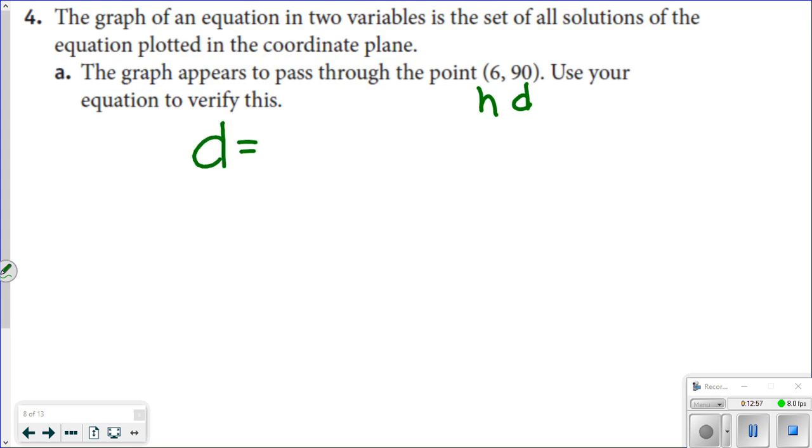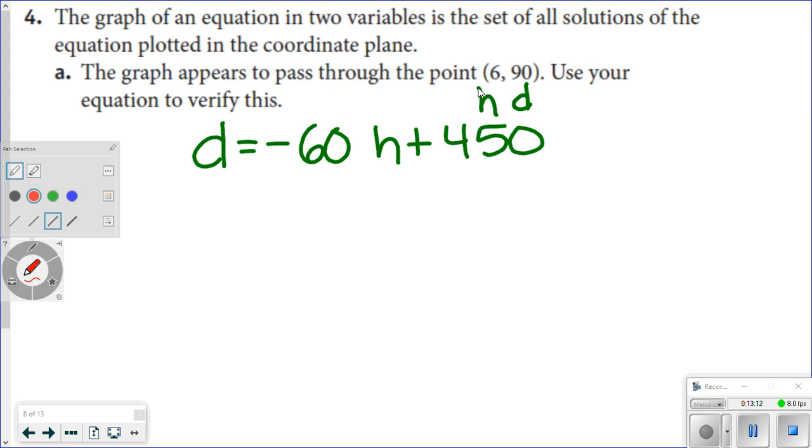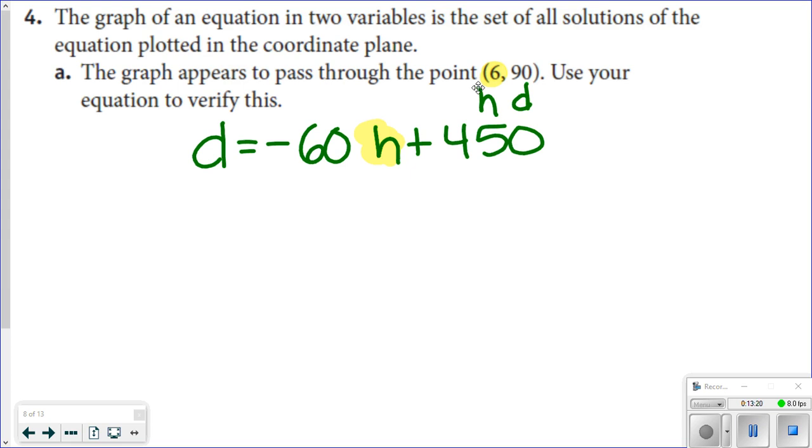The one that we just wrote above in question 3. So d equals negative 60h plus 450. Instead of having an h here, let's plug in this 6 and see if we get 90 as our answer. If we do, we're correct.